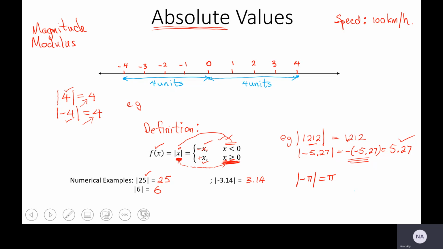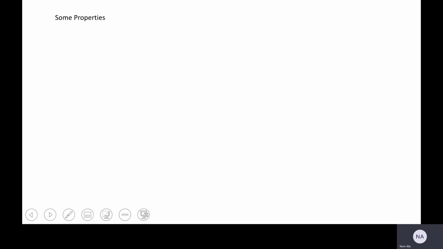Okay, what about some of the properties that we'll come across with absolute values? Now, I'm going to go through these properties. We're going to possibly use the properties, but we won't specifically question on the properties themselves. But you will see that the properties are, in many cases, self-evident.